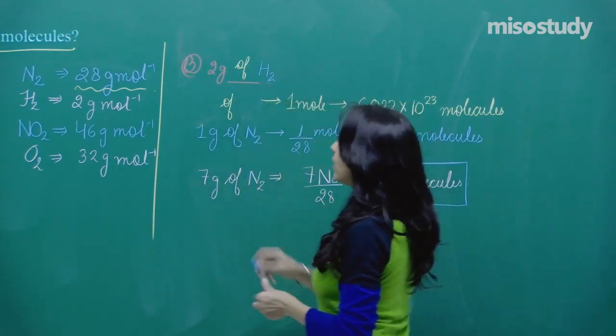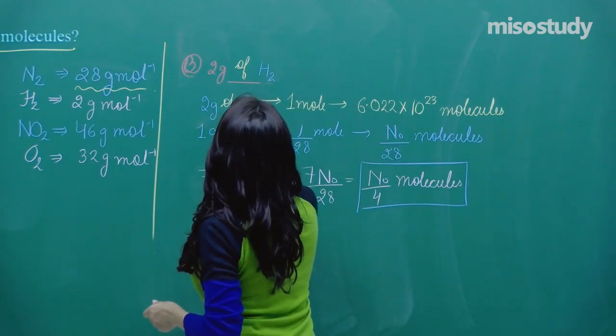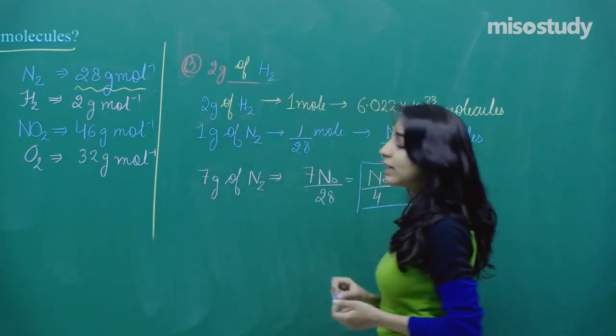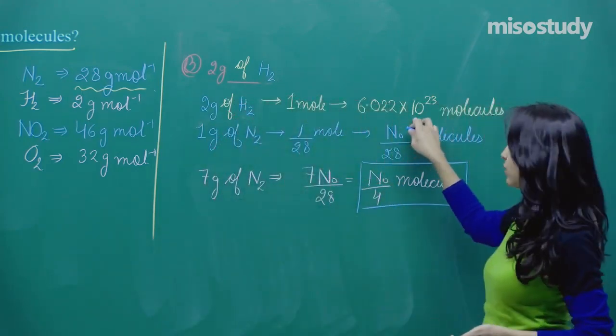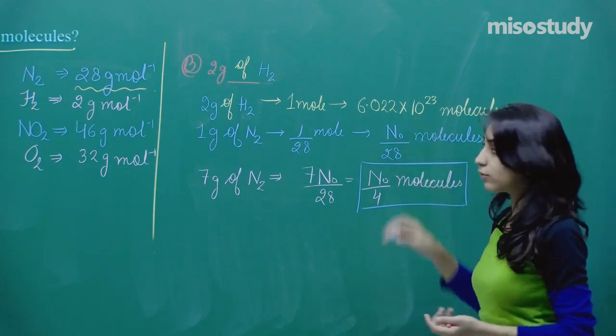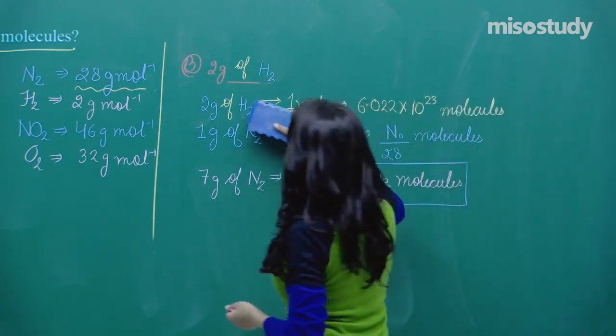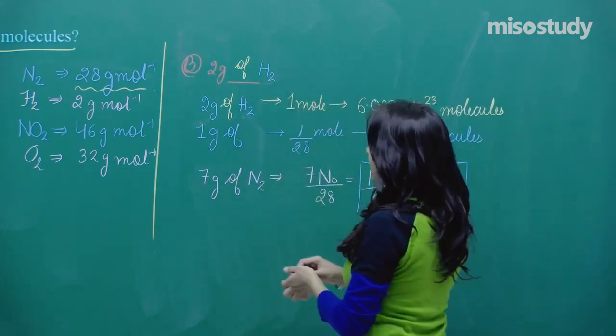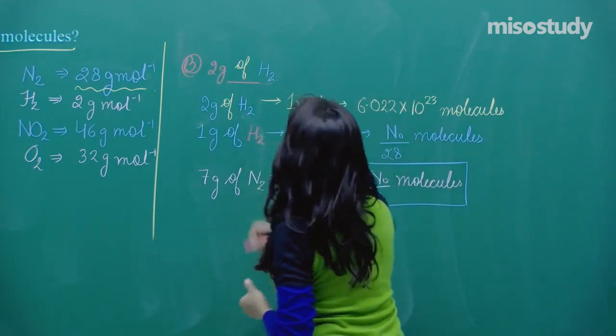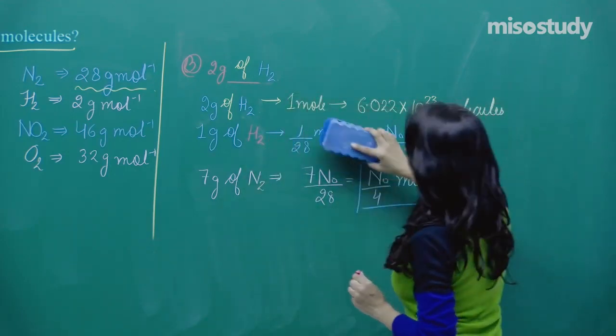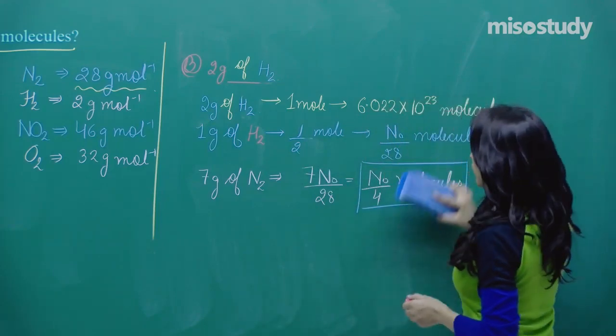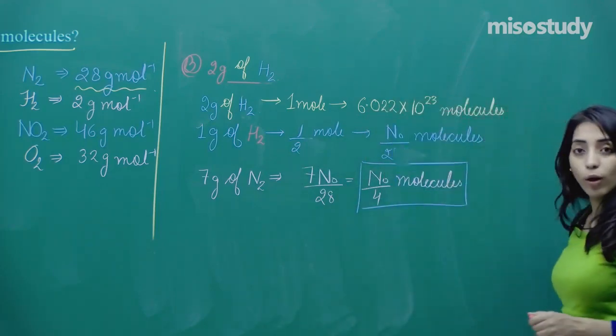Can I simply write 2 grams of hydrogen will be equal to 1 mole, that means 6.022 into 10 raised to the power 23 molecules, right? So 1 gram of hydrogen will be equal to just 1 by 2 moles, right? Which will be equal to N naught by 2 molecules.